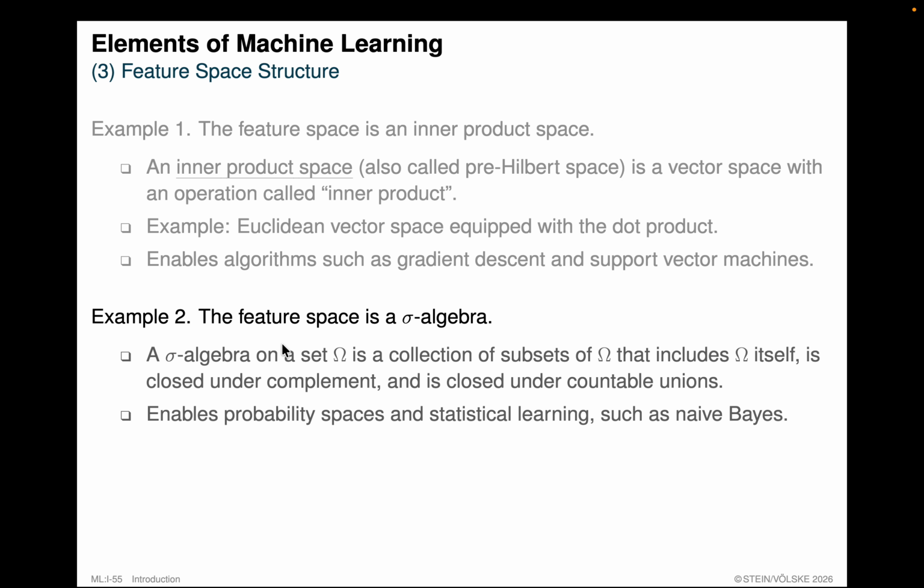In probability, as you may recall, we have a sigma algebra based on the set omega, and the outcomes of all random experiments are part of this set.